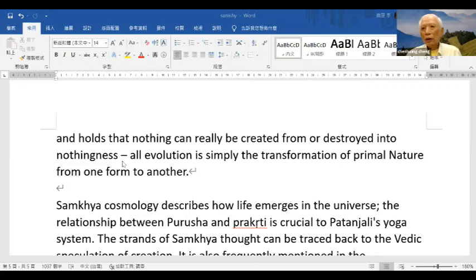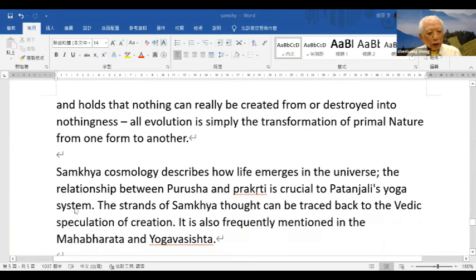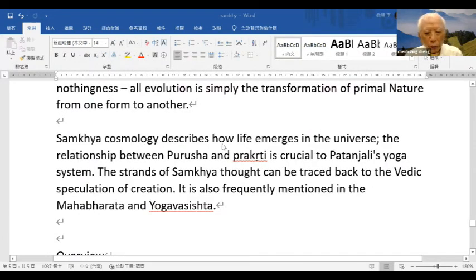From nothing, there cannot be anything appearing, and from anything, there cannot go to nothing. All evolution is simply the transformation of the primal nature or the self-nature from one form to another. Samkhya cosmology describes how life emerges in the universe. The relationship between Purusha and Prakriti is crucial to Patanjali's yoga system, a kind of yoga techniques.